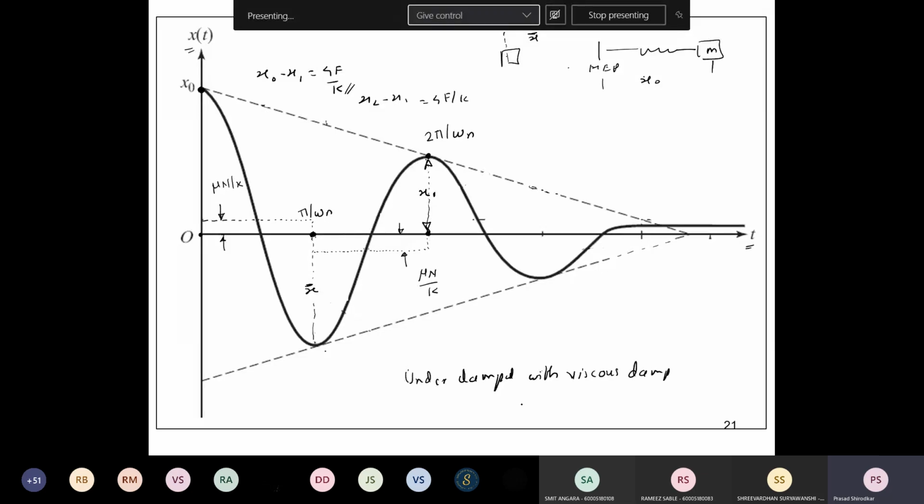In that case the ratio is constant: x0 by x1 will be equal to x1 by x2 and so on, and that we call the logarithmic decrement. Please note the difference between the two. In this case the difference in the amplitude of successive vibrations is constant. In the other case the ratio of successive amplitudes remains constant, and that is called the logarithmic decrement. This is one of the key differences between the two types of damping.